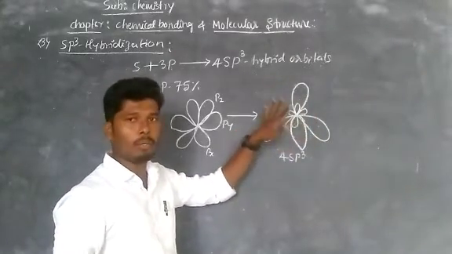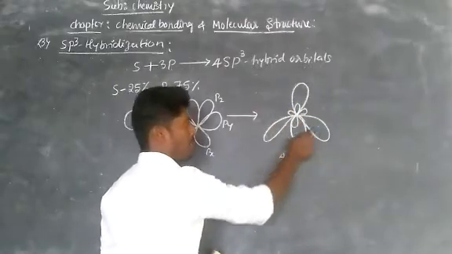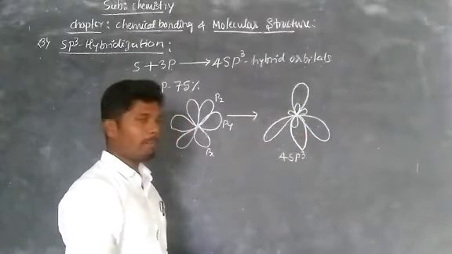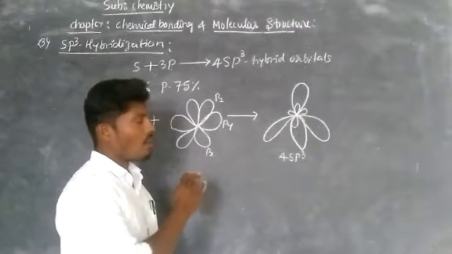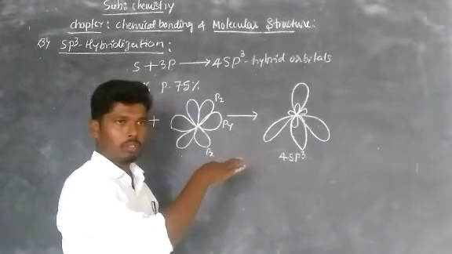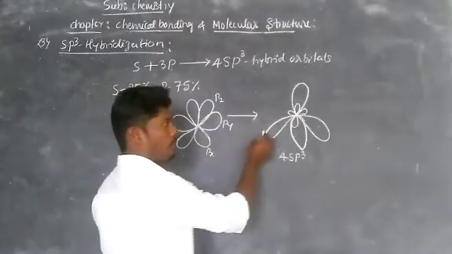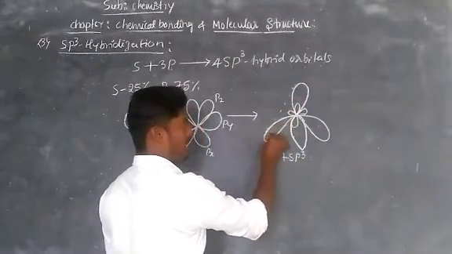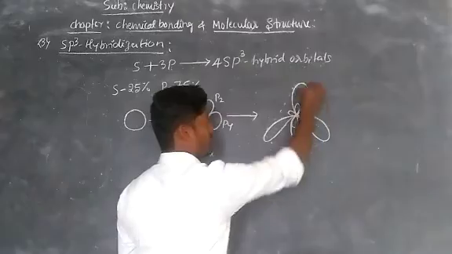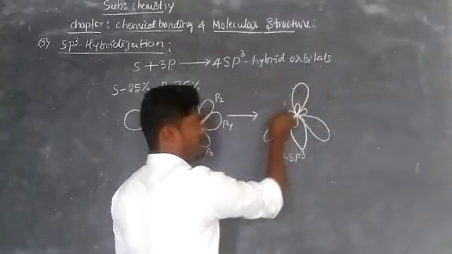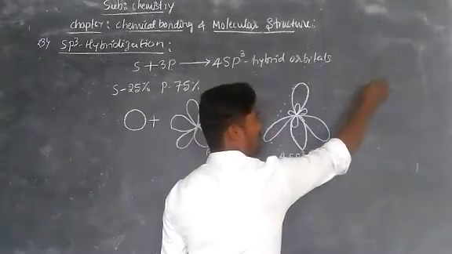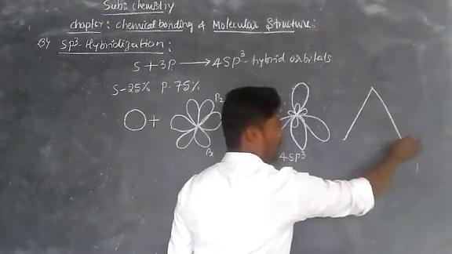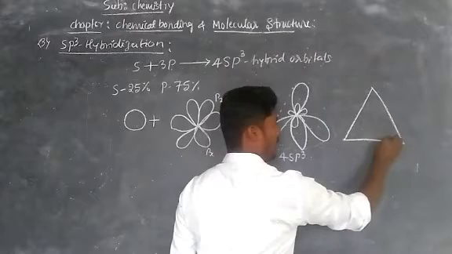In order to get tetrahedral geometry. Tetra means 4, hedral means planes, 4 planes, that we call tetrahedral. Now observe, when we draw dotted lines here, you get a structure like that. So these are the dotted lines. Now observe here, I can write this one. 1, 2, 3.